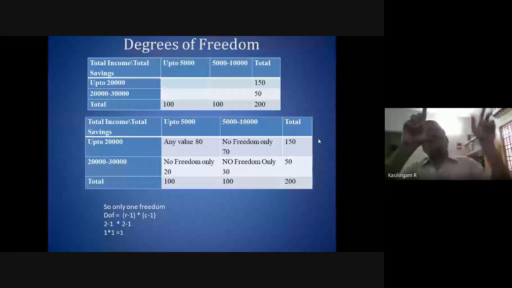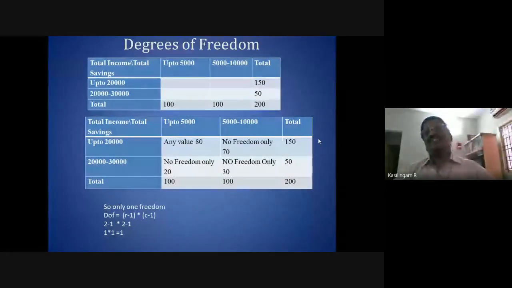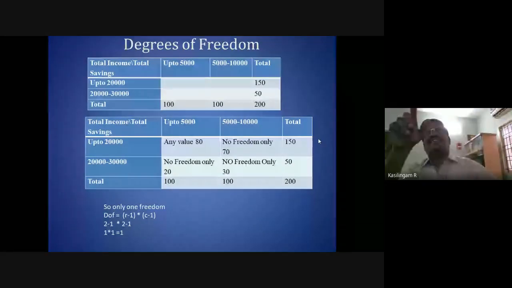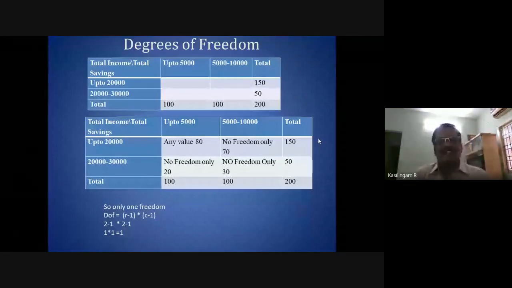If you have a 3 by 3 matrix, then you will have 9 cells. Then we are telling one more thing: you need to have the expected value of 5. The expected value depends upon the observed value, because that is calculated based on the observed. Now, 9 cells. If you put 5 in each cell, then 9 into 5 is 45.